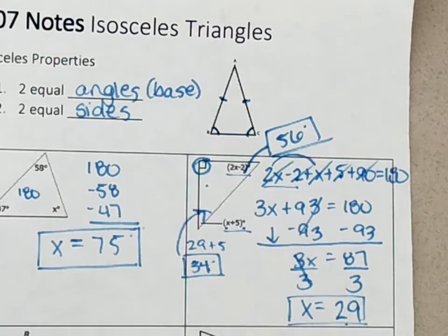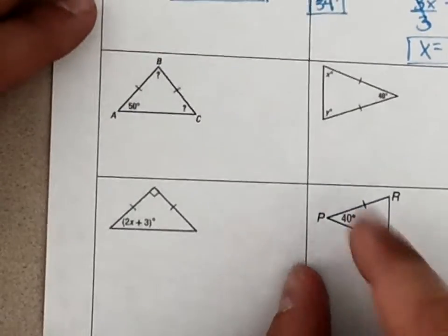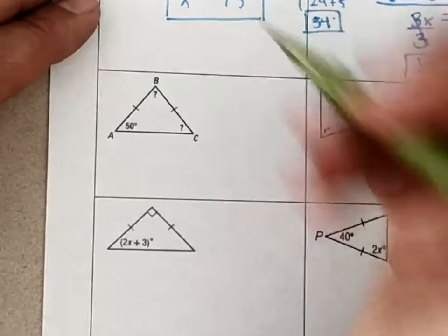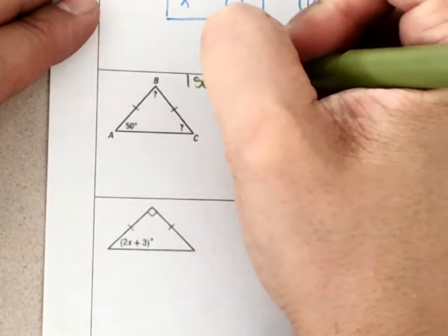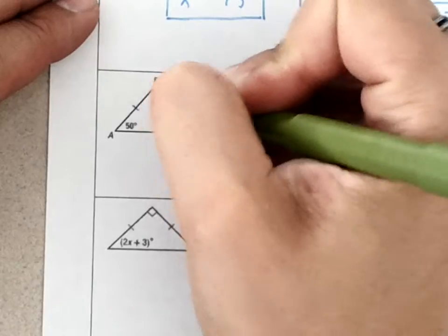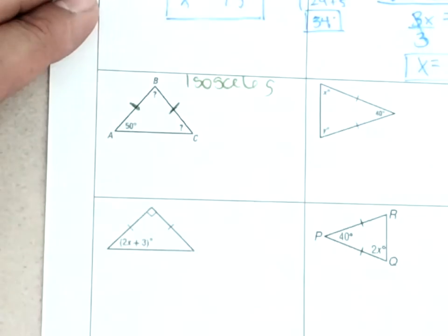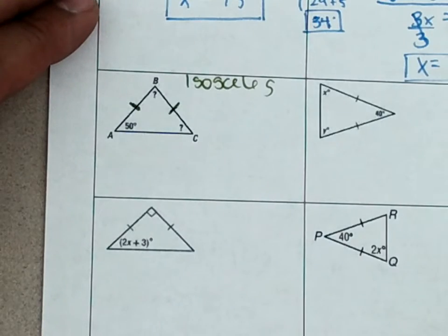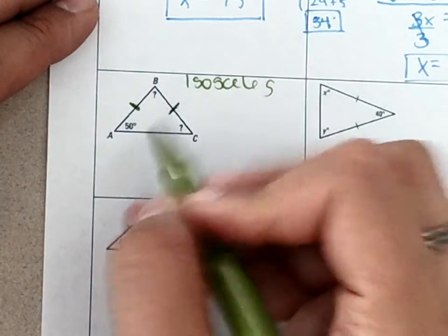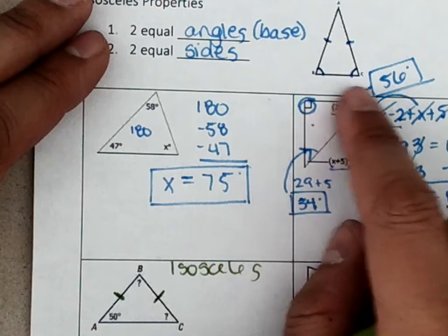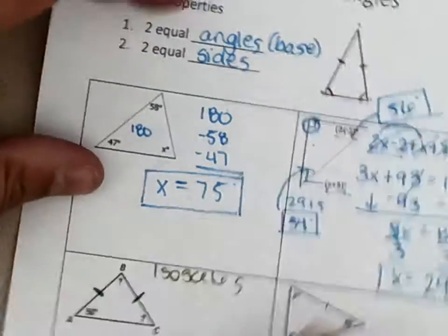We're now going to use properties of isosceles triangles to help us solve for missing angles. So I know that this is an isosceles triangle because it has two congruent sides, and I can see that by the labeling with the little hash marks on two of the sides. Now, we know that with isosceles triangles, they have two congruent base angles and two congruent sides.